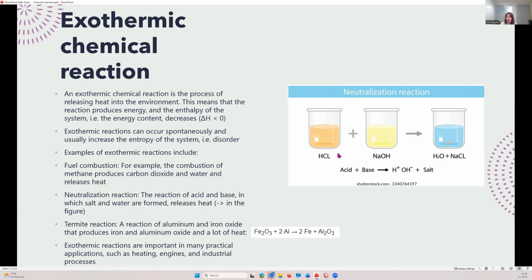So you have hydrochloric acid and sodium hydroxide. It's called sodium in English. And you produce salt and water. So in a neutralization reaction, you usually have an acid and a base. And this is something that's important to you in practice at work.